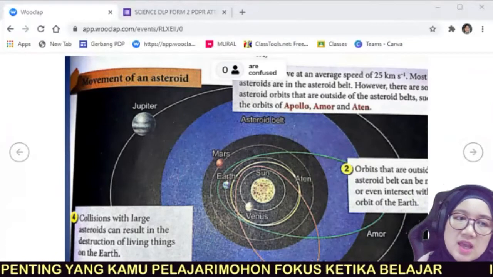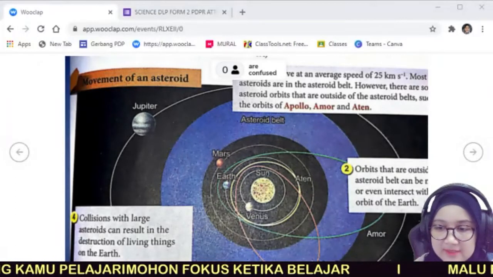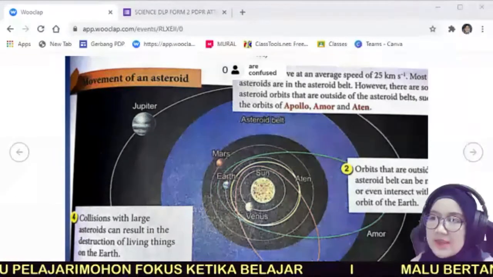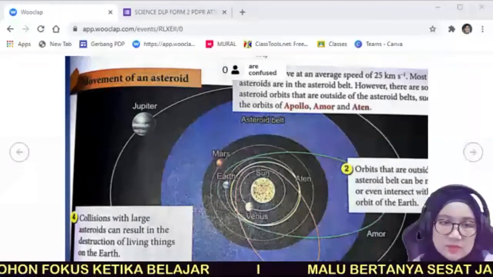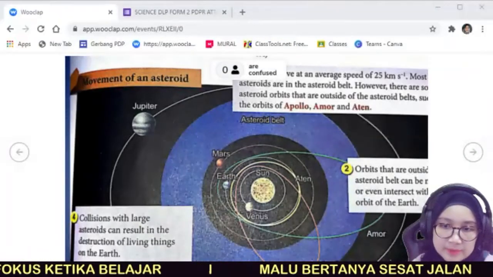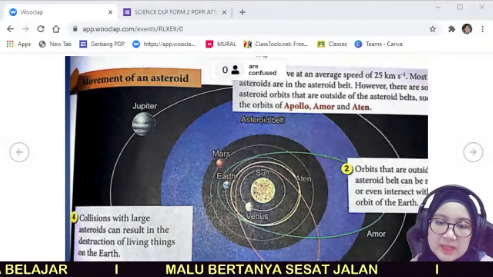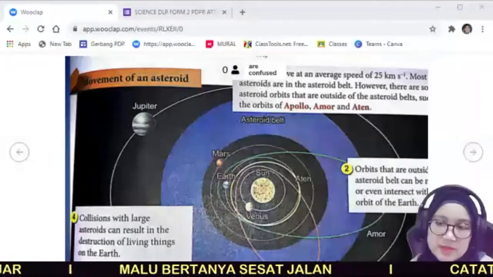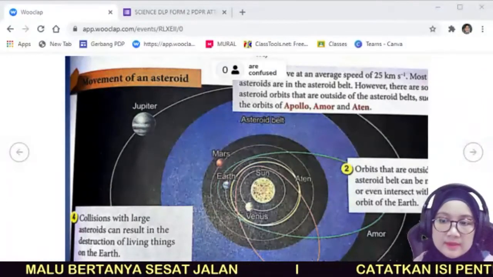Okay, actually, this topic is quite broad for me, I guess. How about you? Because it contains so many facts that you have to go through and remember. However, we don't have any shortcut, because in this topic we are learning the things that we can't see with our naked eyes.